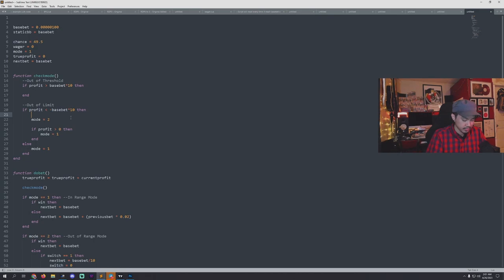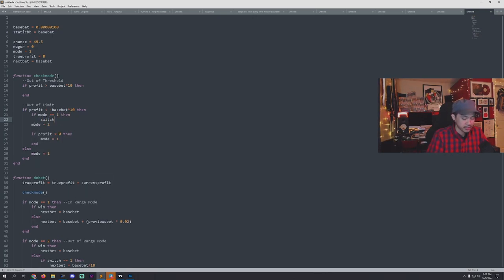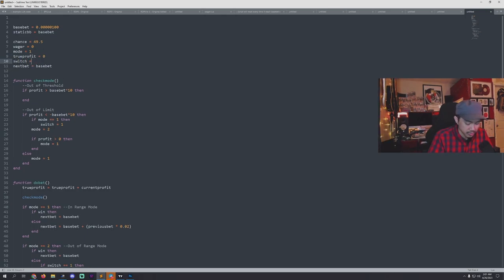We can say if mode equals 1, right? Then switch equals 1. Because originally we're gonna put switch at 0. Oh, I didn't put a switch up here, so I'll do switch equals 0. So switch is gonna be off.